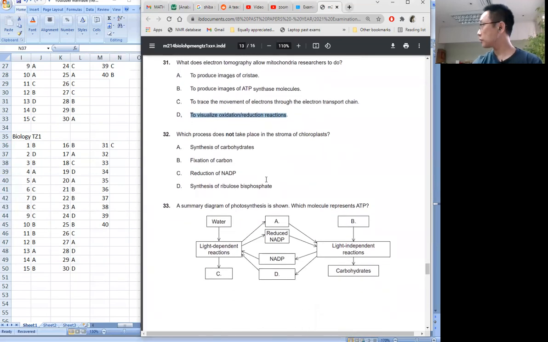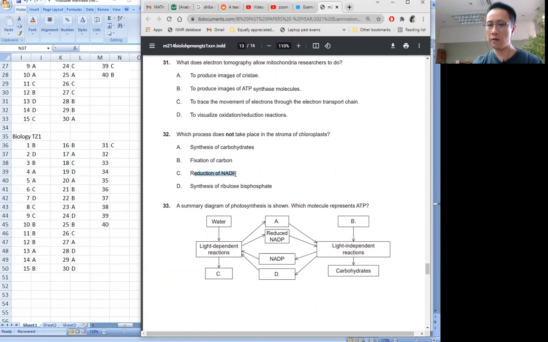32, which process does not take place in the stroma of chloroplasts? Stroma of the chloroplast is where light independent reaction takes place. So fixation of carbon is correct, and synthesis of carbohydrate should be correct.